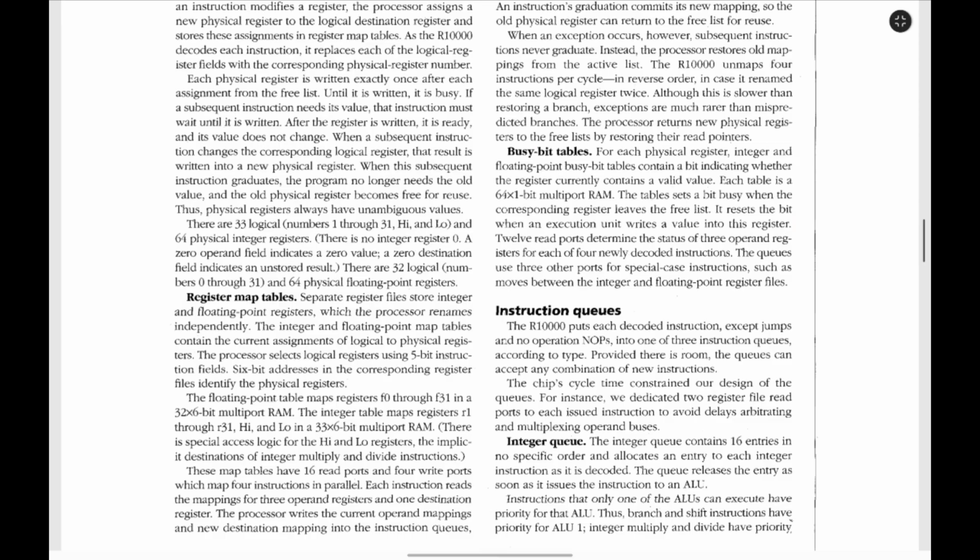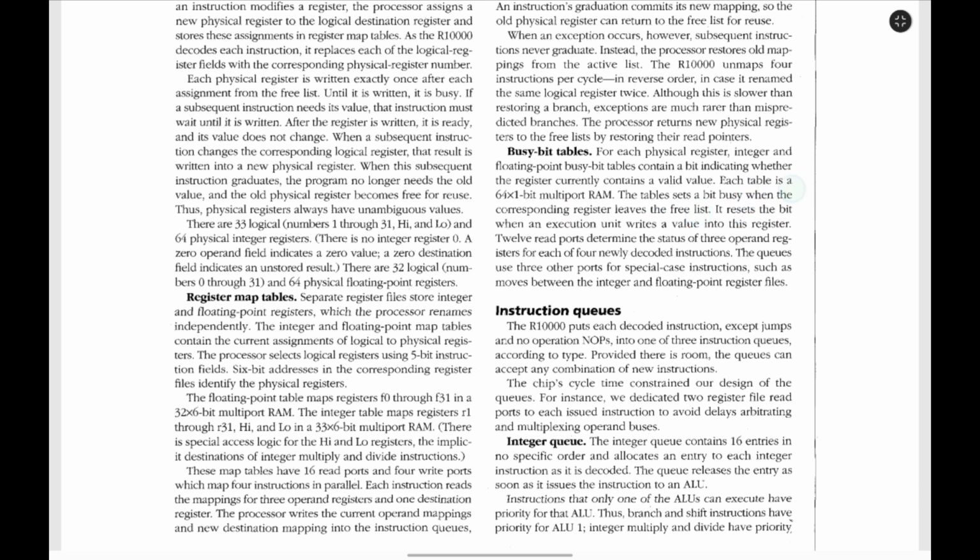Busy-bit tables. For each physical register, integer or floating point, busy-bit tables contain a bit indicating whether the register currently contains a valid value. Each table is a 64 by 1-bit multi-port RAM. The tables set a bit busy when the corresponding register leaves the free list.